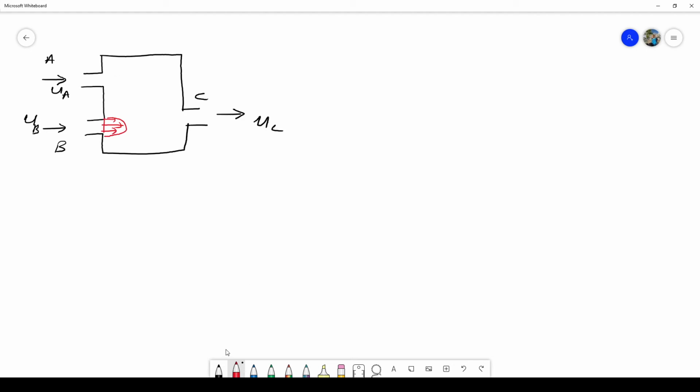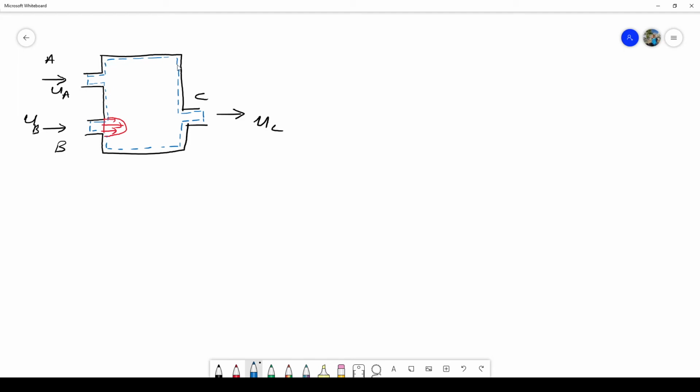What we first need to do is to define the control volume. We need to know where the control volume of this system is, and for a control volume, we need to know the boundaries. So we can draw something like this, just to define it. This is our inlet station, this is another inlet, and this is the outlet.